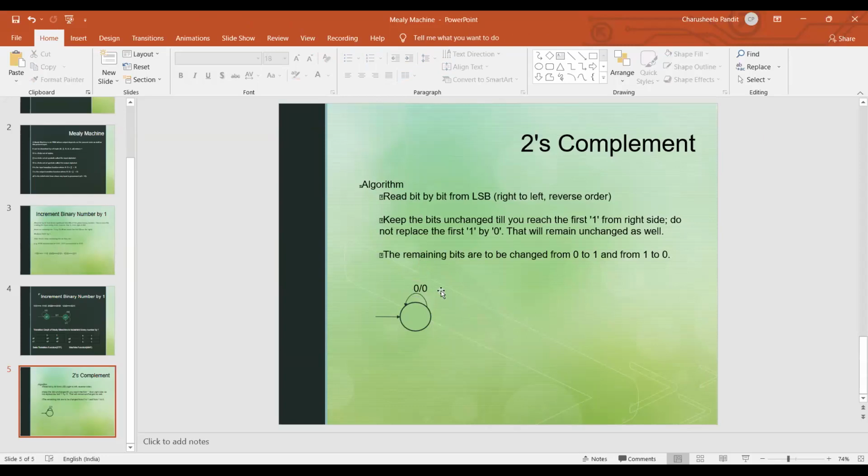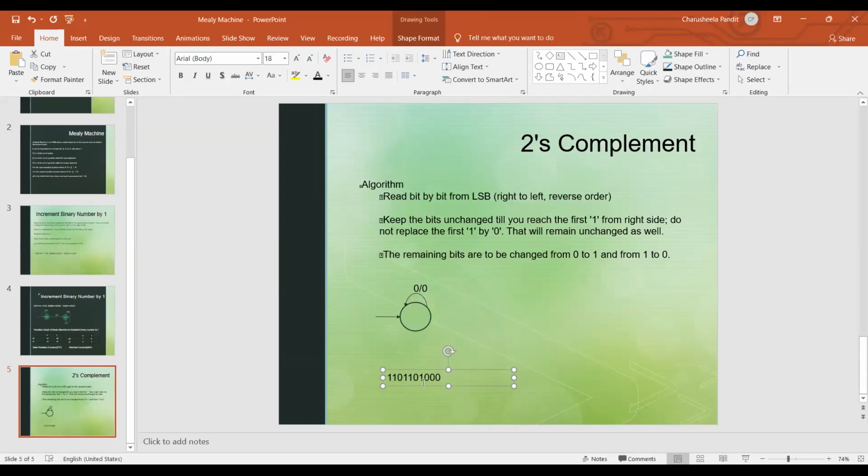Assume this is your input. For the first three zeros, it will produce output 0.